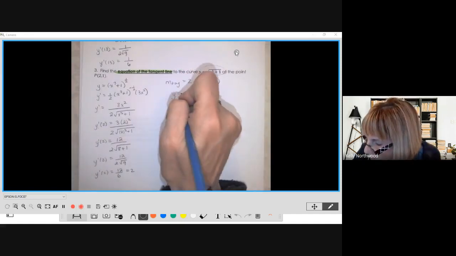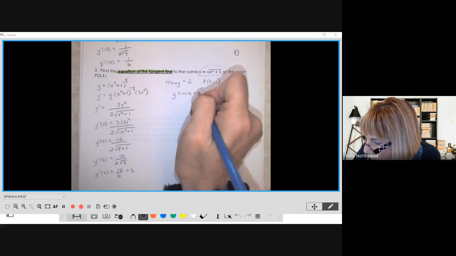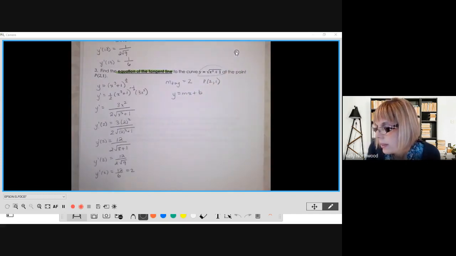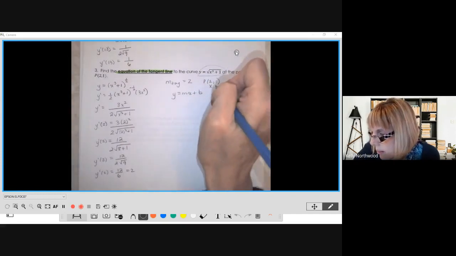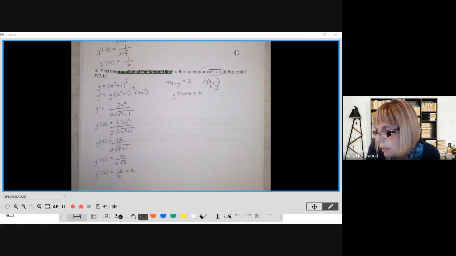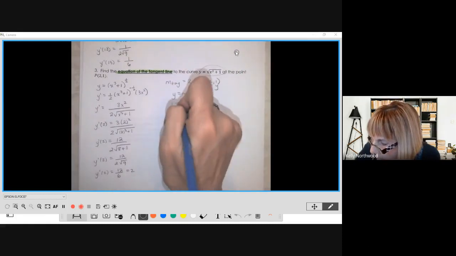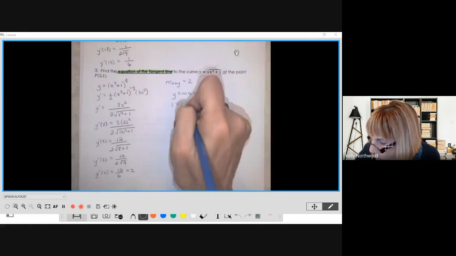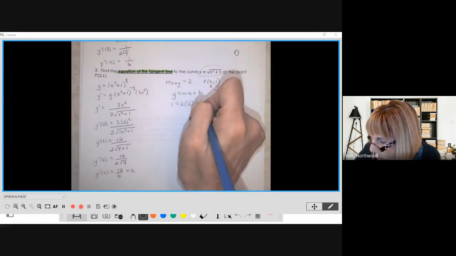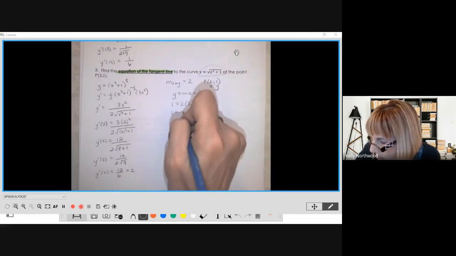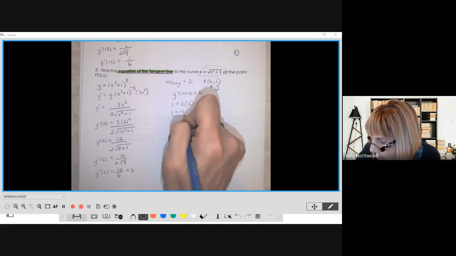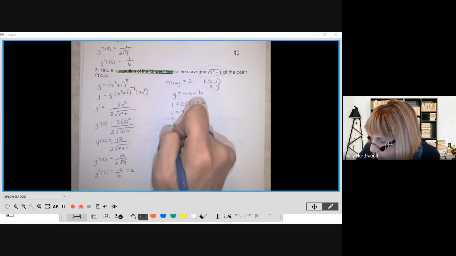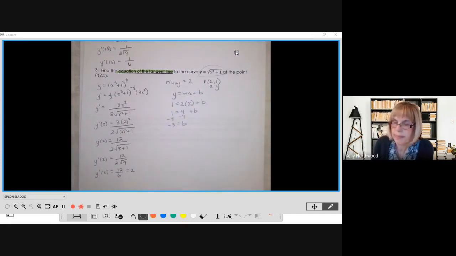So we can use y equals mx plus b, and put in 1 for y, 2 for m, 2 for x, and find b. And we get b to be -3.